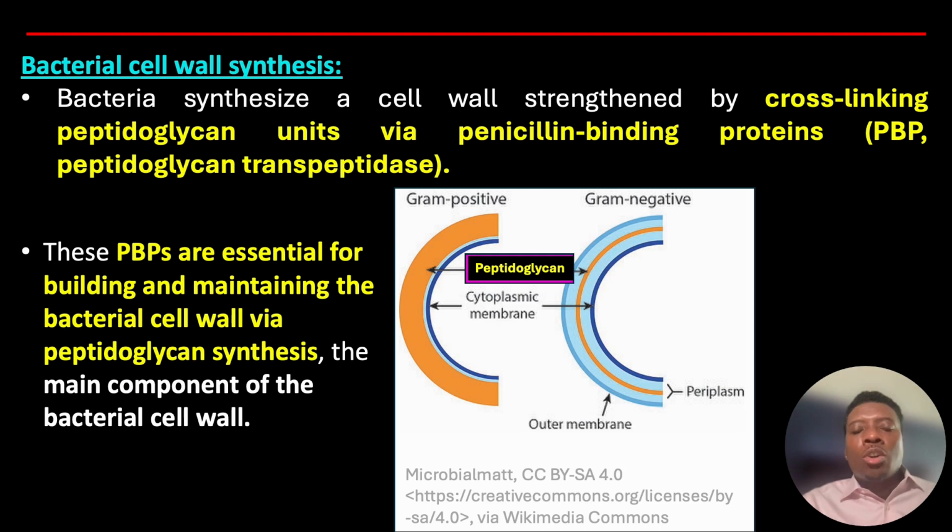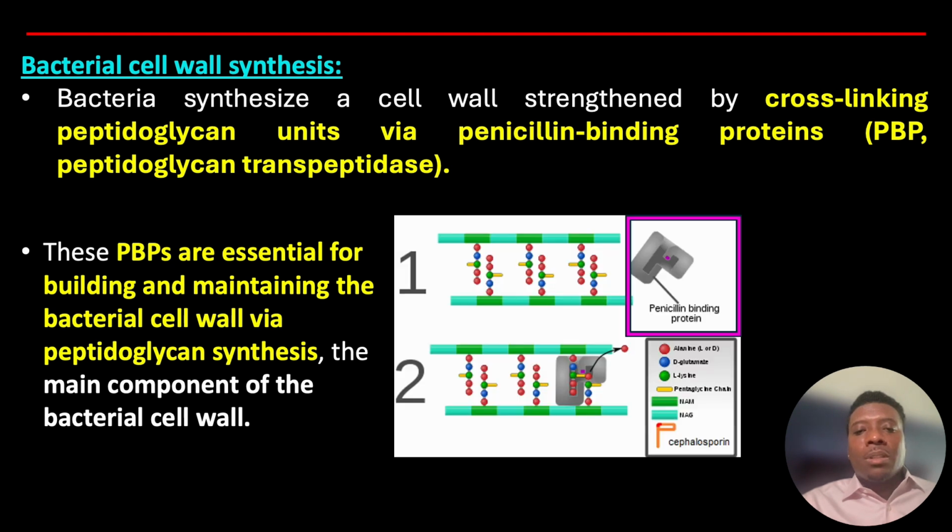We have to first start with an understanding about bacteria. Bacteria have cell walls that are predominantly made of a peptidoglycan layer, and this peptidoglycan layer is found in both gram-positives and gram-negatives. It's thicker in gram-positives, but it's also found in gram-negatives.